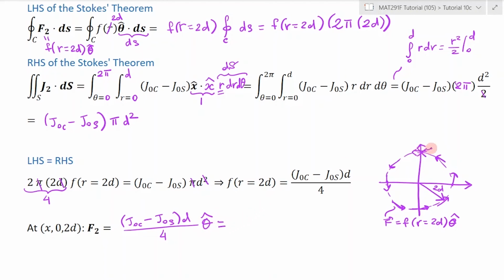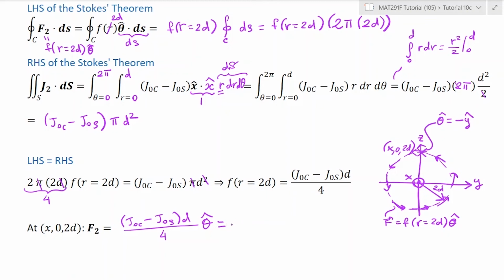We know that at this point, which remember is x, 0, and 2d, we have theta hat equal to, let me just label the axes, theta hat is equal to negative y hat.